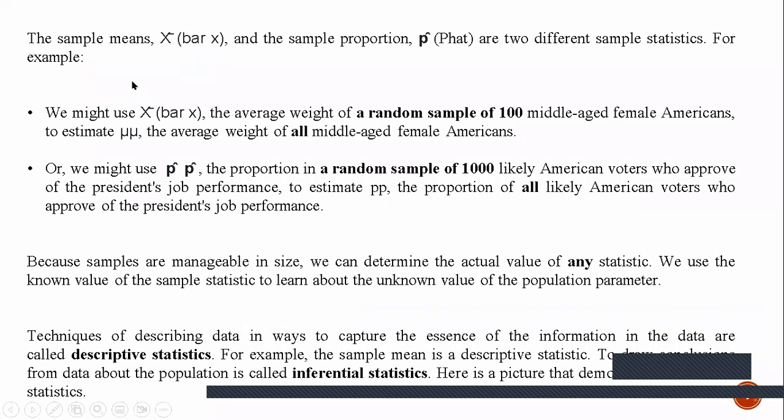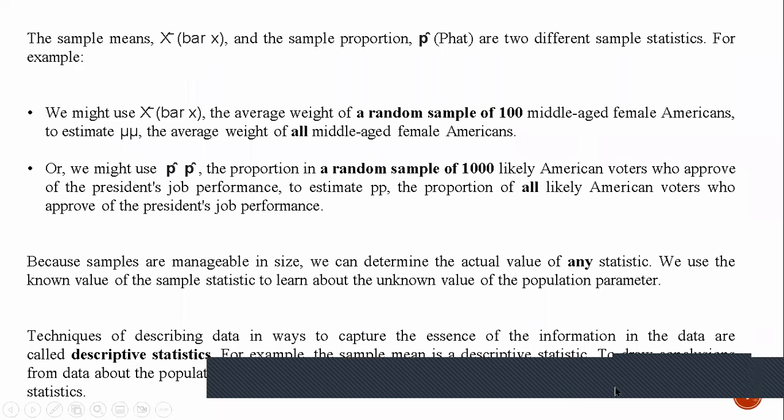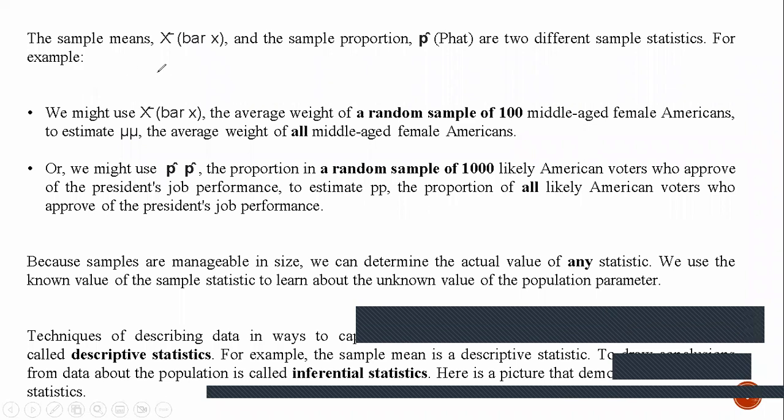Now let's go through the notations. The sample mean, X bar. Earlier we just talked about the population mean. For the population mean, we had mu, but here for the sample mean, we have X bar.